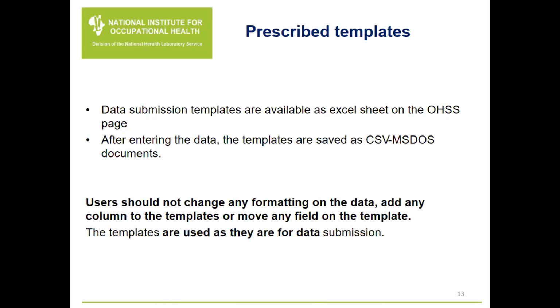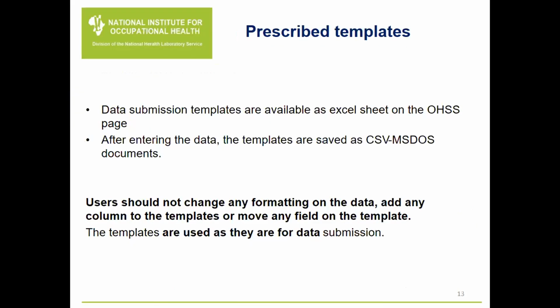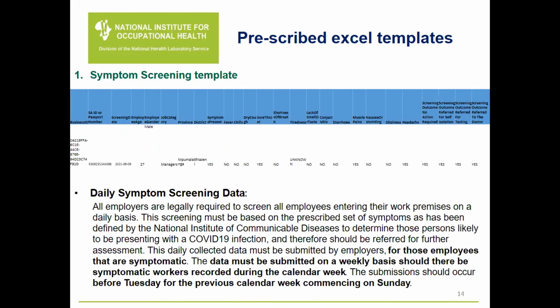Also, users should not change any formatting on the templates, add any column to the templates, or move any field on the template. The templates are used as they are for data submission. Should you do any edits, like adding an extra column to the template, your file will definitely be rejected, because the templates have been designed to match the system as is.